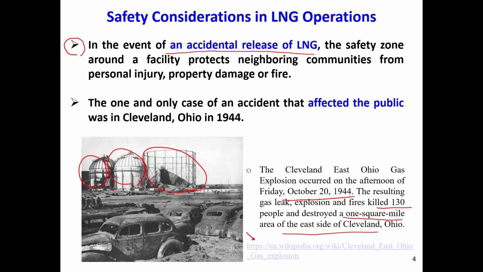The facilities are located far enough from the living communities to make sure that we will protect them from any injuries, damage, or fire. So the gas explosion in Cleveland is, I can say, a major LNG plant accident that happened in history, with about 130 people that were killed, unfortunately.